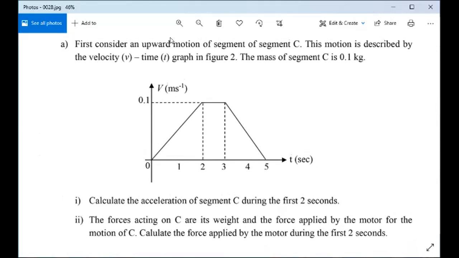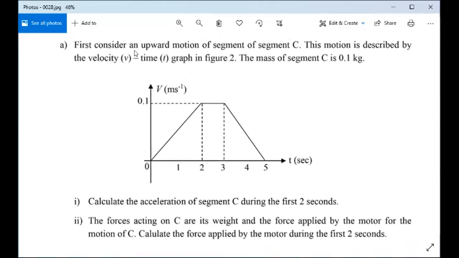Simple A question. First, consider upward motion of the segment C. This motion is described by the velocity time graph shown in figure 2. Now you need the knowledge of velocity time graphs.